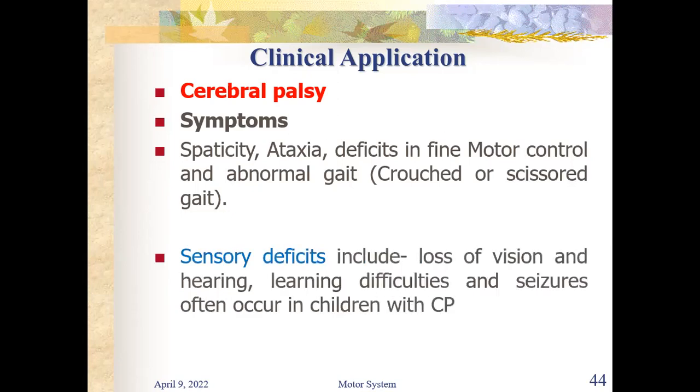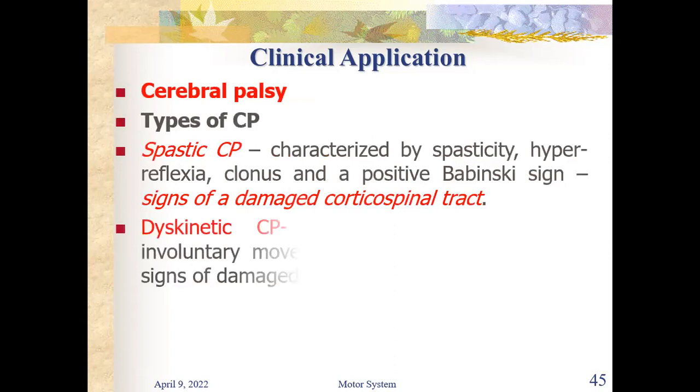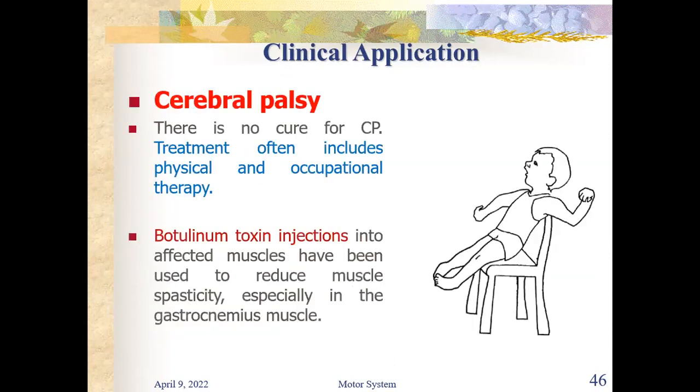We have the sensory deficits as well accompanying cerebral palsy. Then we have the types of cerebral palsy, which I want you to also read up. So those are the types of cerebral palsy. There's no cure for it. The treatment has to do with injections to affected muscle to reduce muscle spasticity in the muscles.